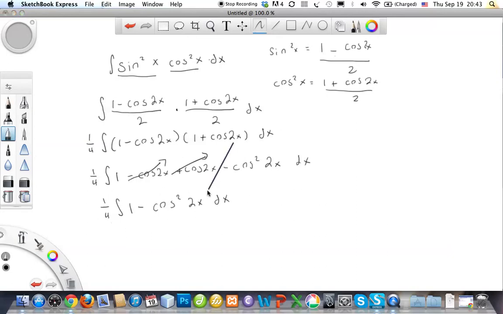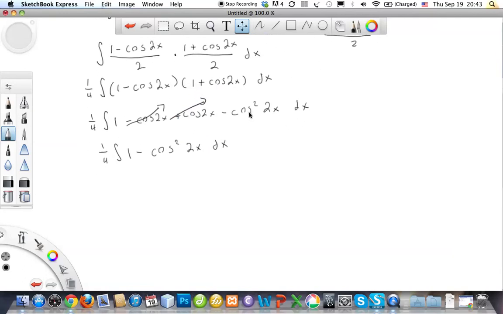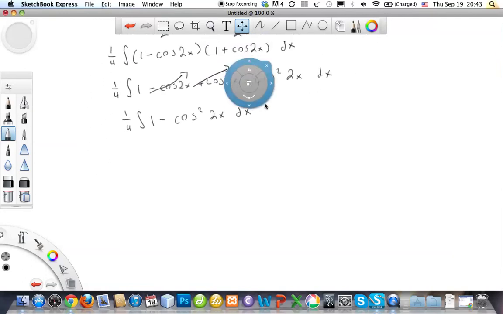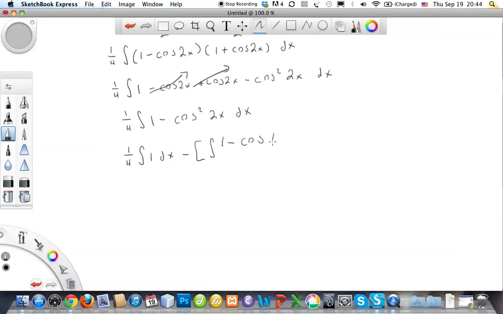So I'm going to actually move this down a little bit so we have a little bit more room. Okay, so this is going to end up being 1/4 times the indefinite integral of 1 dx minus this entire integral of 1 plus cosine of 4x over 2 dx.